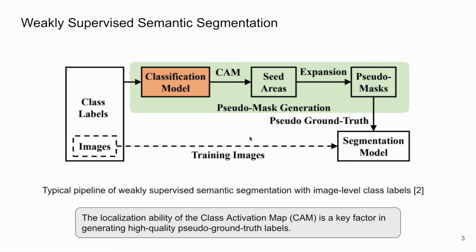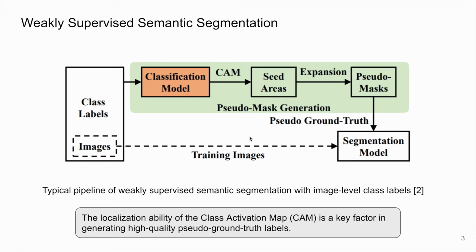After that, we expand the seed area with some post-processing technique and use it as a pseudo ground truth label. Finally, we train a semantic segmentation model with the pseudo ground truth labels in a fully supervised manner.